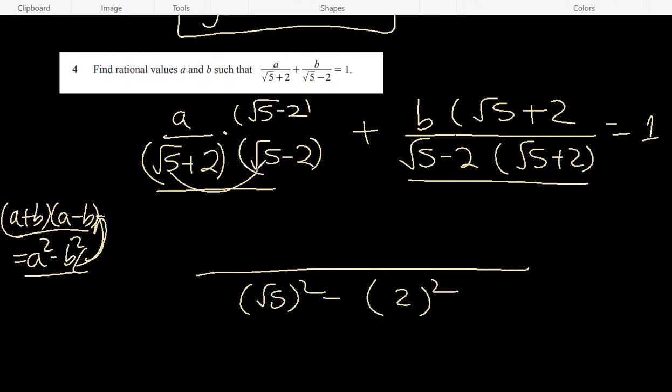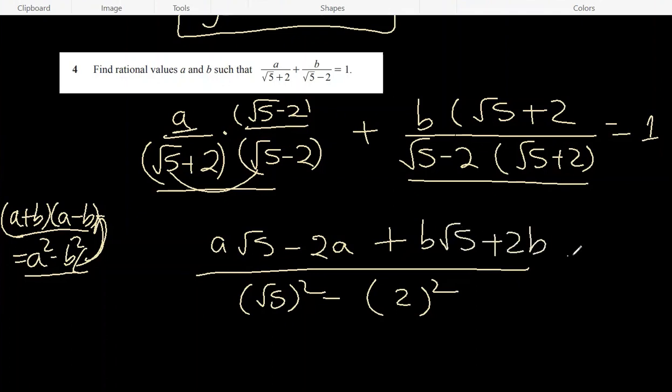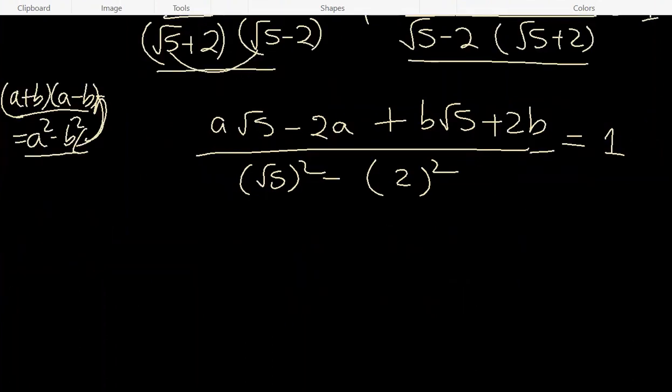Now, here it becomes a square root 5 minus 2a, if I multiply a with both of them, plus b square root 5 plus 2b equal to 1. Let's simplify this first.